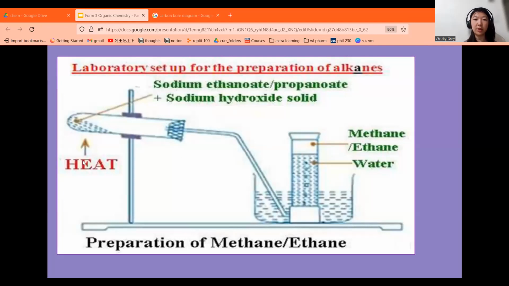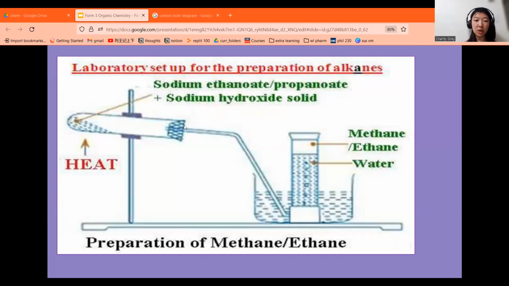Excellent. So looking at this laboratory setup, you have your sodium ethanoate in the video, or we're later going to look at propanoate. So this is for alkane. Notice how the A is important, because we are looking at alkane. And then you add sodium hydroxide, which is soda lime in the video. Right? So you have heat. You heat up this tube, and inside you have these two chemicals.